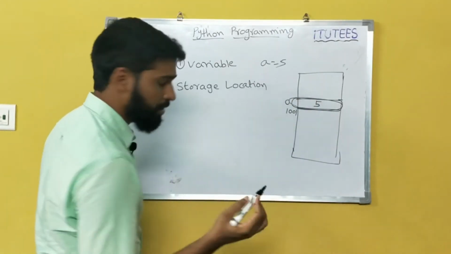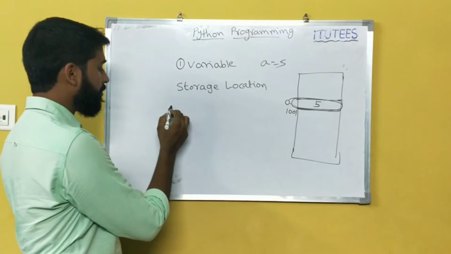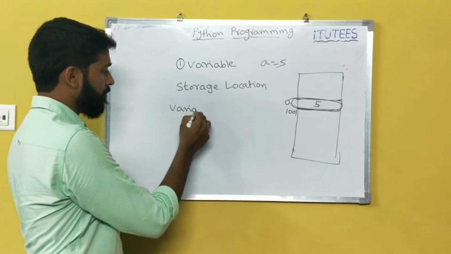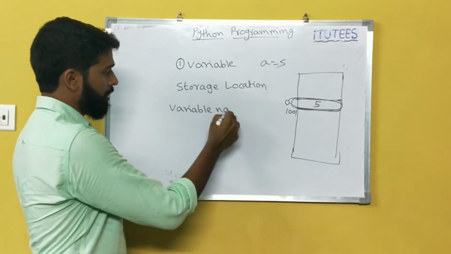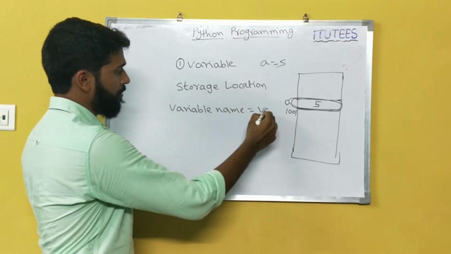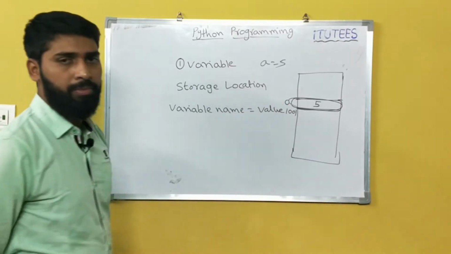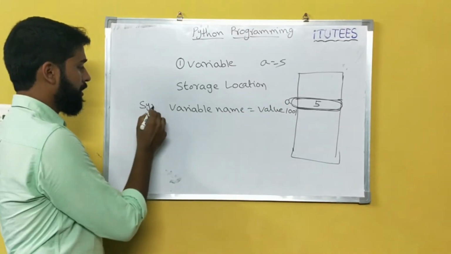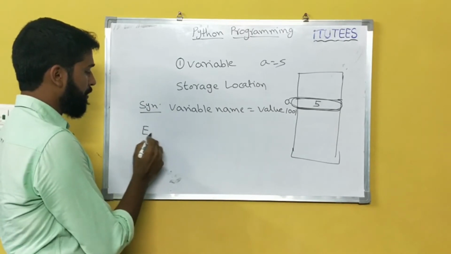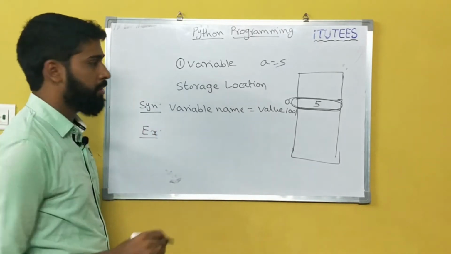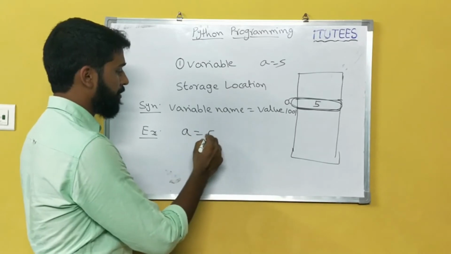So the syntax is variable name equals to value. This is the syntax. Example, a equals to 5.